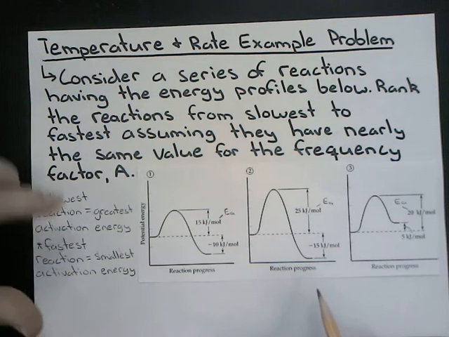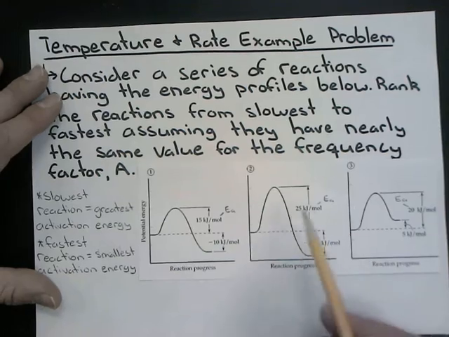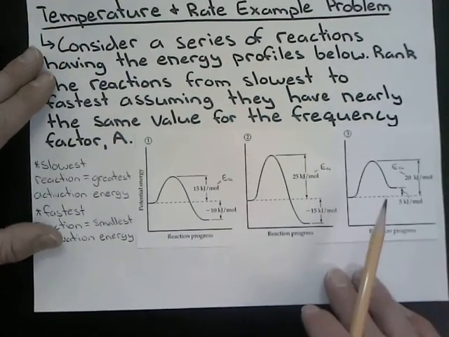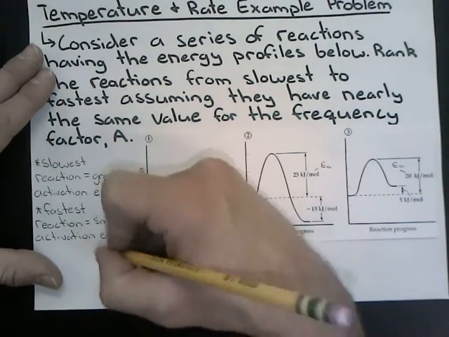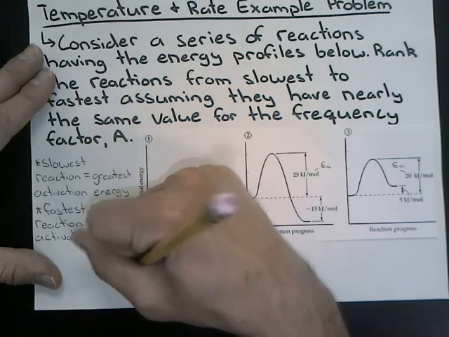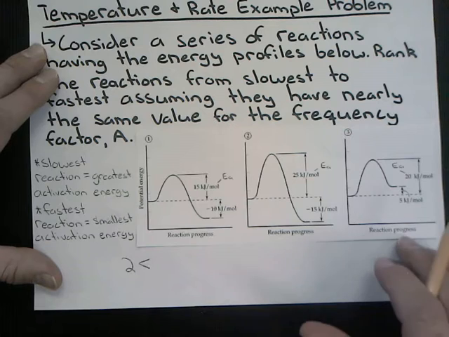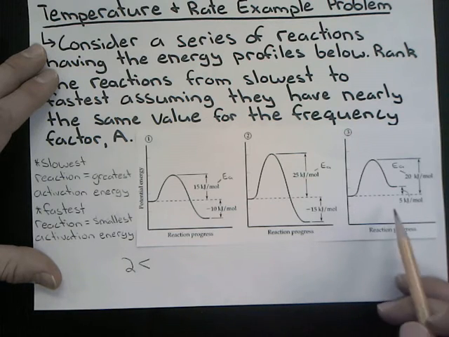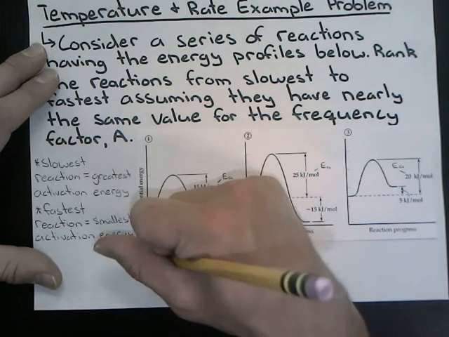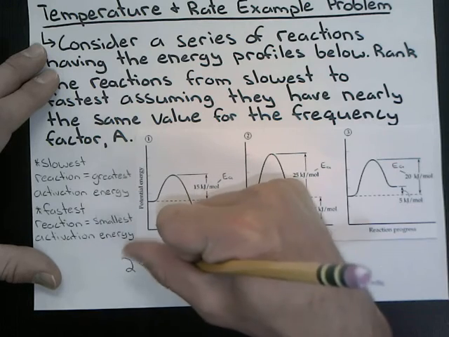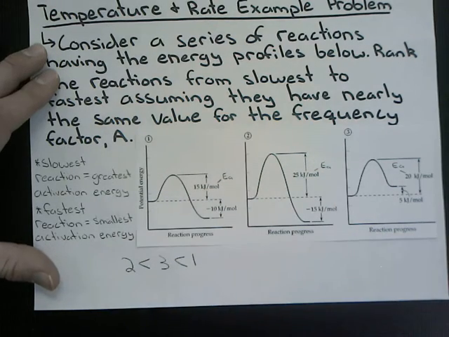The reaction with the greatest activation energy is reaction number 2, so reaction number 2 is the slowest. The next amount of activation energy is reaction number 3, and that leaves us reaction number 1. So a couple of things.